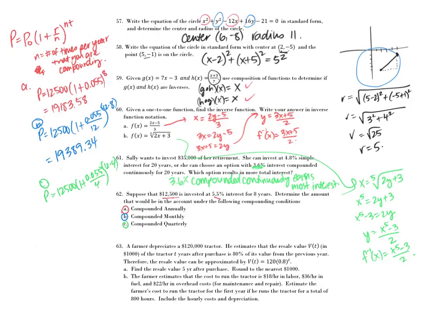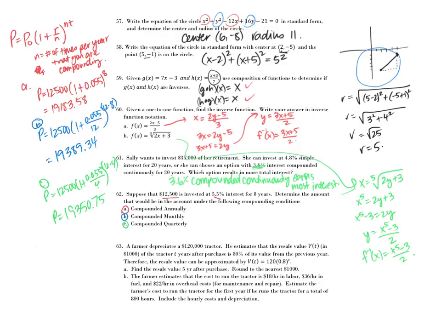Anyway, whatever. So we're going to divide by 4 this time. So I got $19,350.75.